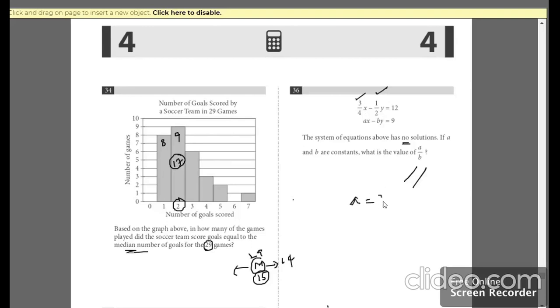So a is equal to 3 by 4, and for b, the negativity will go, so you're going to get 1 over 2. When you divide 3 over 4 with half, you're going to get 3 over 2. That's your final answer, because dividing by a half is the reciprocal.